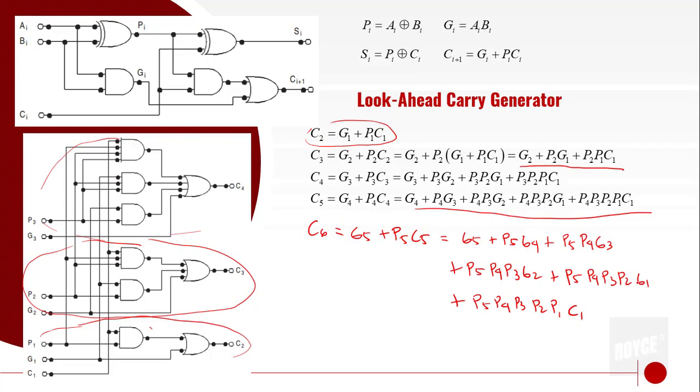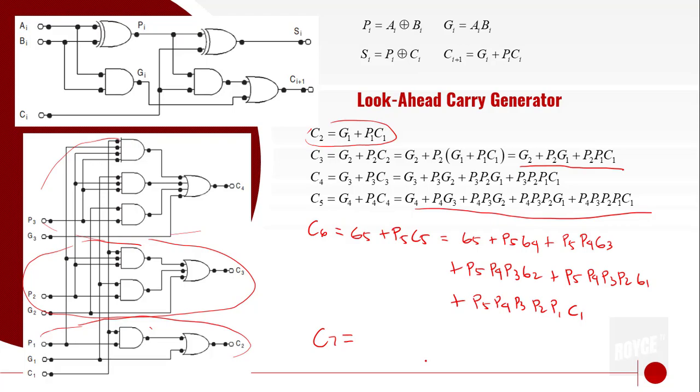So may pattern na siya, di ba? Kahit ilang cascade pa yung gawin natin sa ating parallel adder, magagawan natin ng look ahead carry generator. O gusto mo pang dagdagan, C sub 7 naman. Pero kayo na maglagay nito. Ang haba na, di ba?